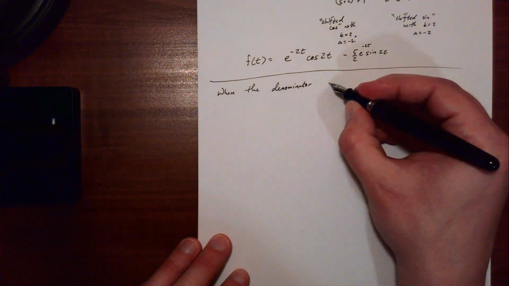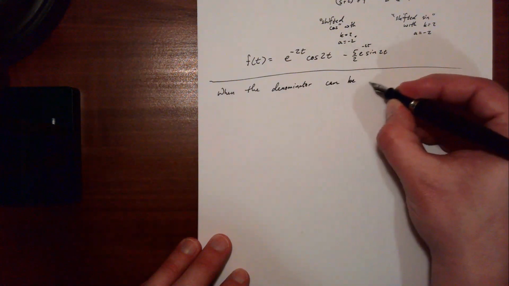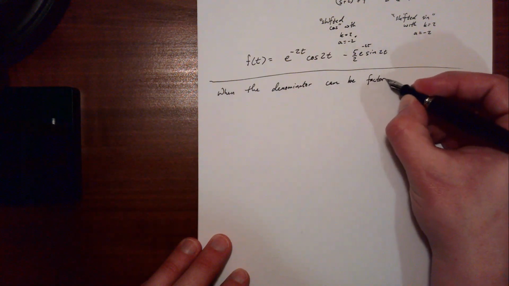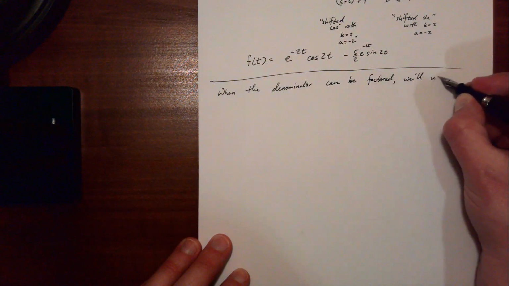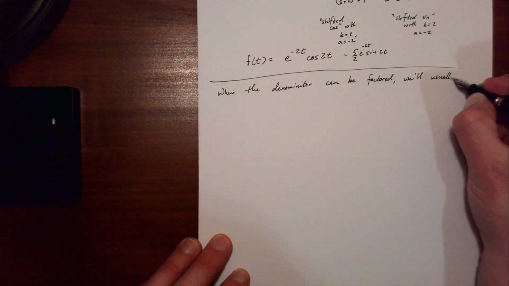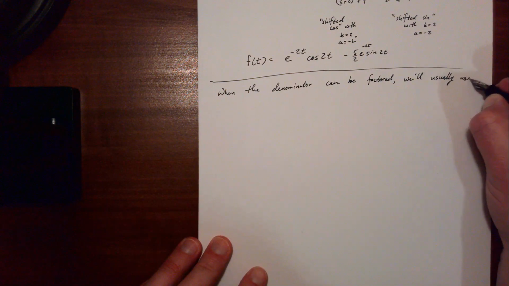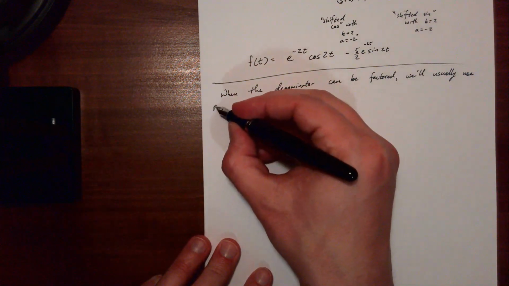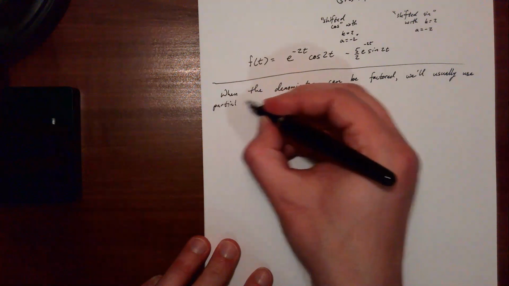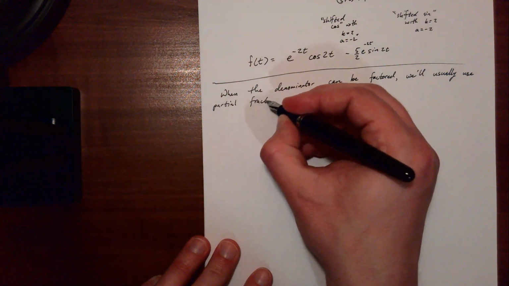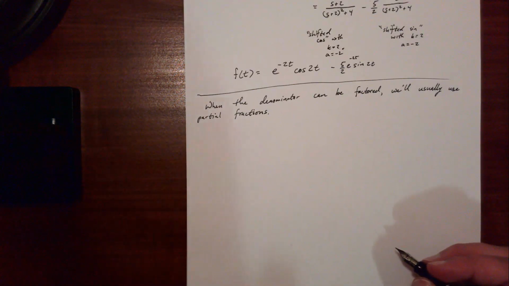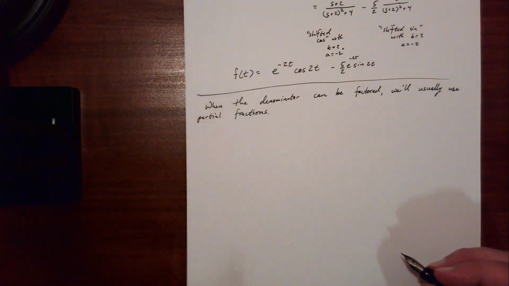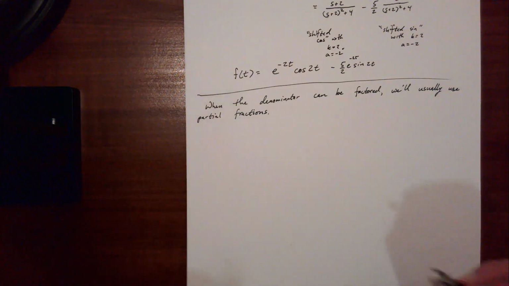When the denominator can be factored, we usually use partial fractions. And we've seen enough of those types of examples, I think, to put it off for now.